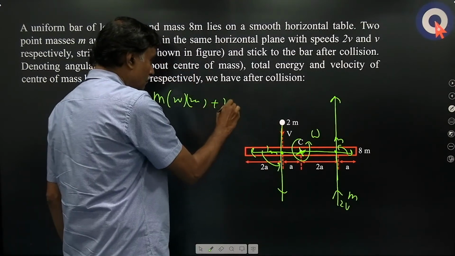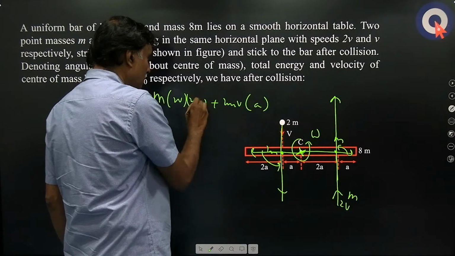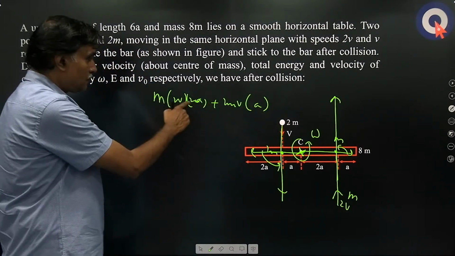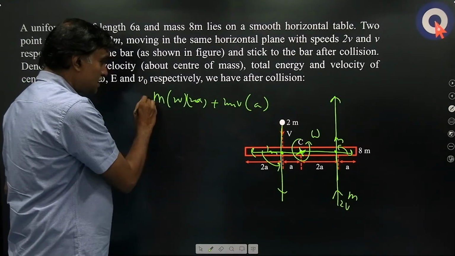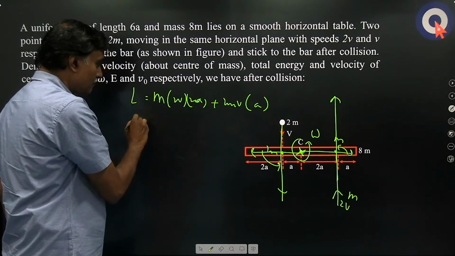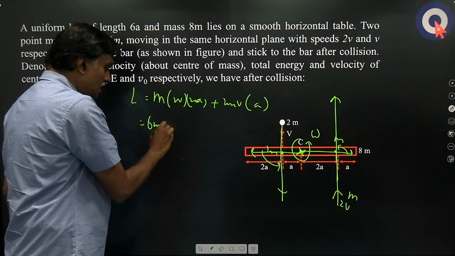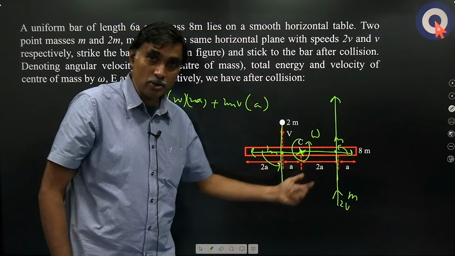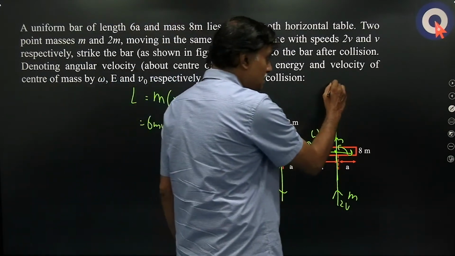So what is the initial angular momentum? It is 4 plus 2, 6mva. That is equal to the final angular momentum. Finally, it is pure rotatory motion, so what is the angular momentum? I omega.